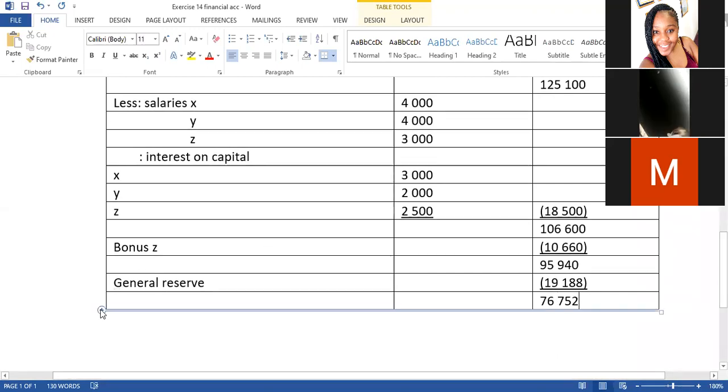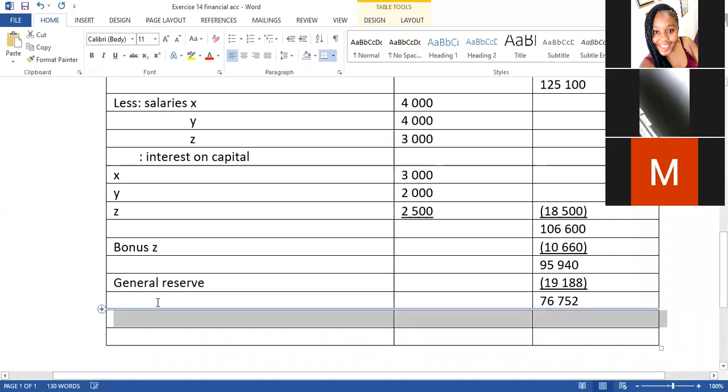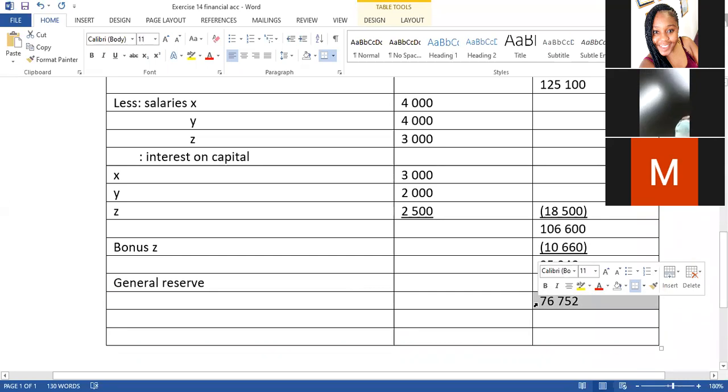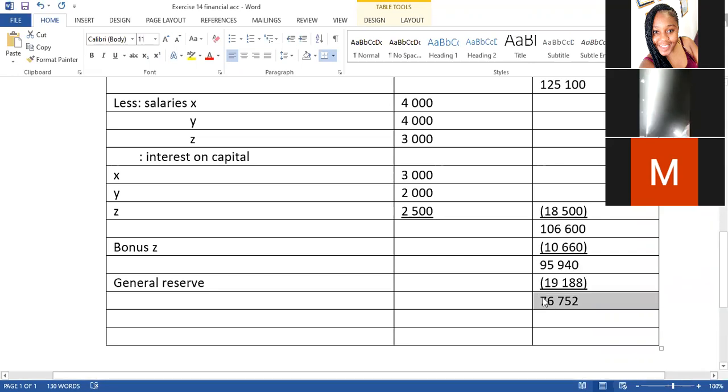Okay. So from there, because number 5 was actually the last transaction that you had to record, now this 76,752, that is the profit available for share.